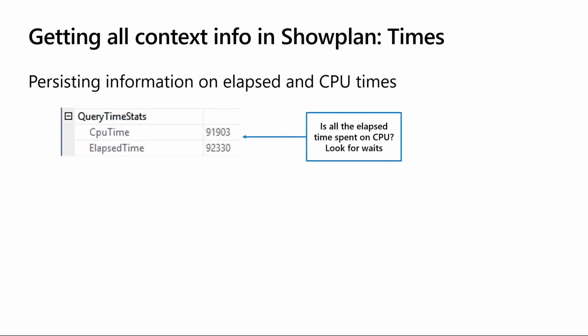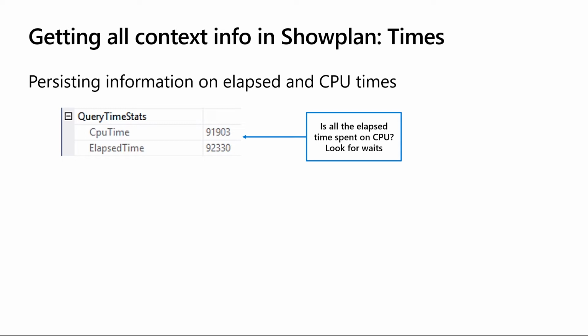We also have inside the query plan information about times, namely the CPU time and the elapsed time to run a query. For example, we see here that the CPU time was about 91, almost 92 seconds, and we only have some few additional milliseconds in the overall elapsed time. This means that this query spent most of its time actively executing on the CPU.